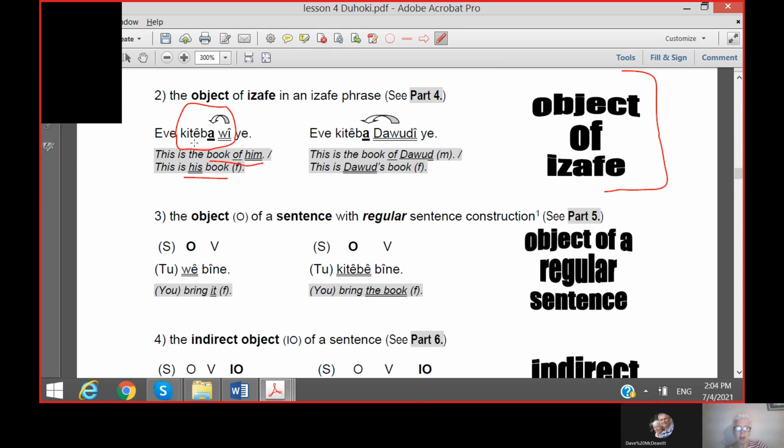So kitab is your head noun, a is your izafe, and we is him or he, kitaba we. Then if you want to spell it out, book of Dawood or Dawood's book, then kitaba Dawoodi, and you put that masculine oblique case ending on Dawood.